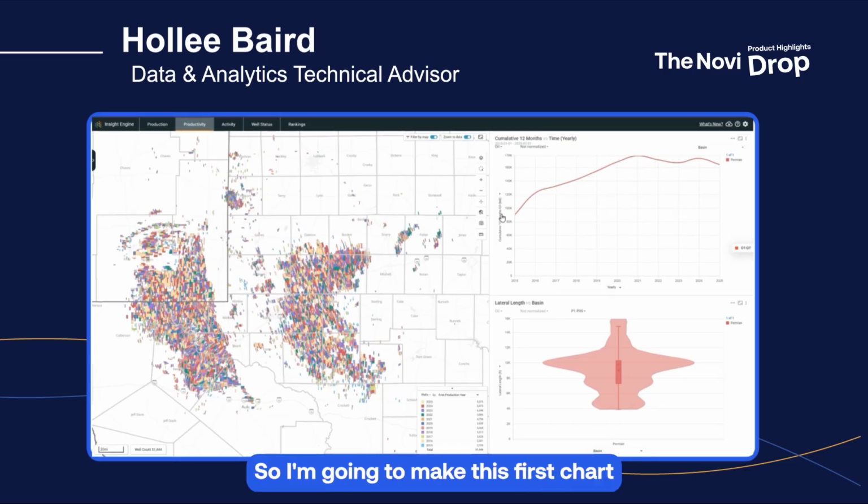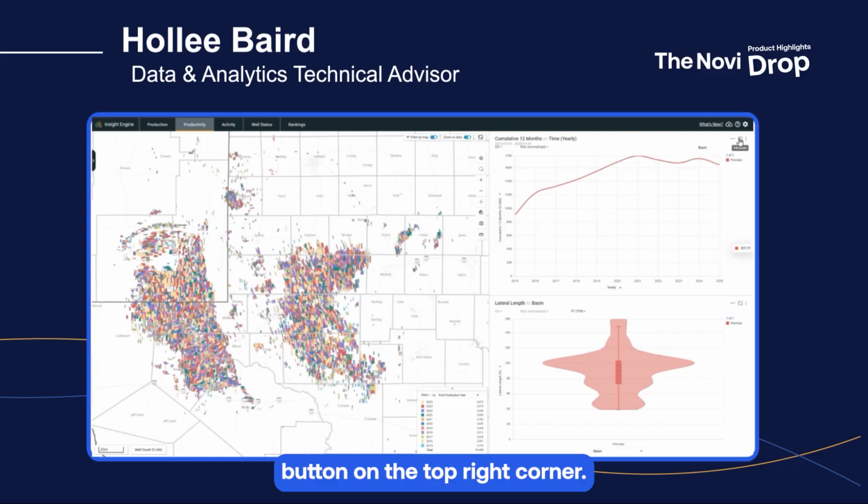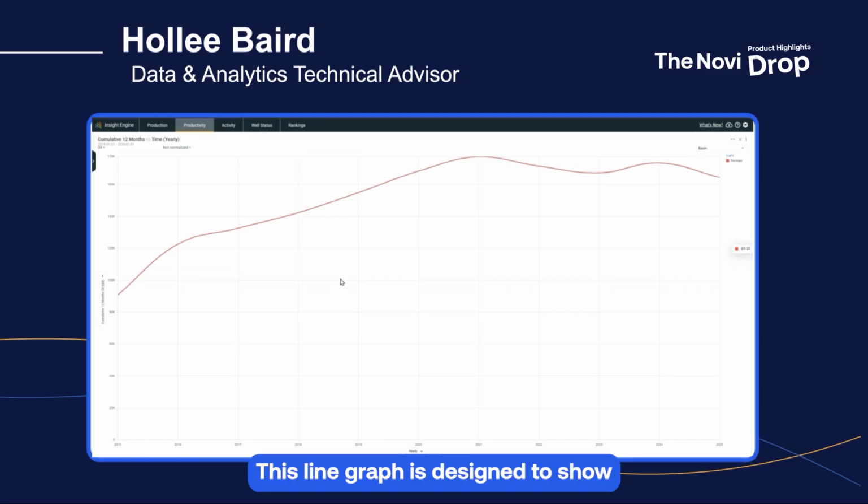So I'm going to make this first chart full screen by clicking on this full screen button on the top right corner. And right now you're just seeing a trend of cumulative 12-month oil and how that's changed from 2015 to 2025 for the Permian Basin. This line graph is designed to show trends over time across production, completion, and subsurface metrics.